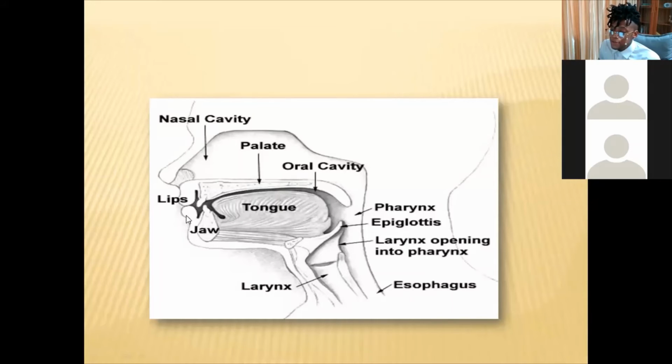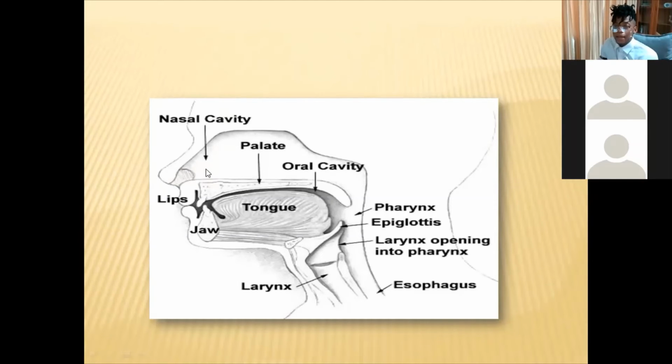These are the labials, the lips, the jaw, and then there's the dental, or the teeth, the dentals. These are the dentals, and they're also quite important for speech production. The nasal cavity is labeled because some sounds are actually produced through the nostrils.